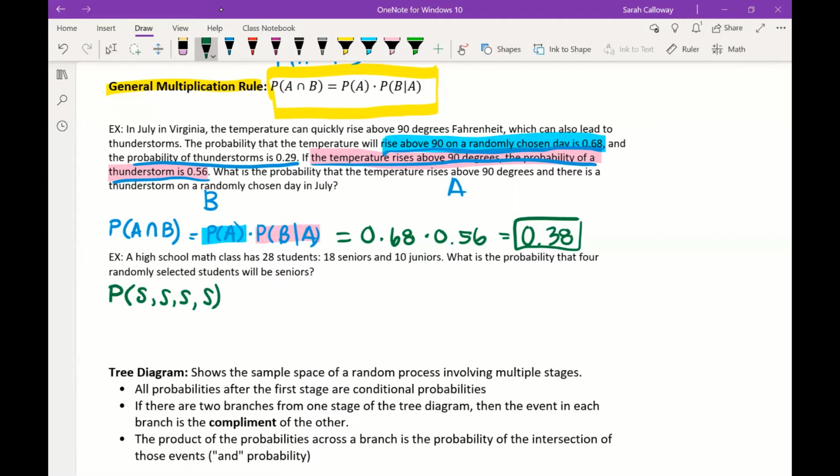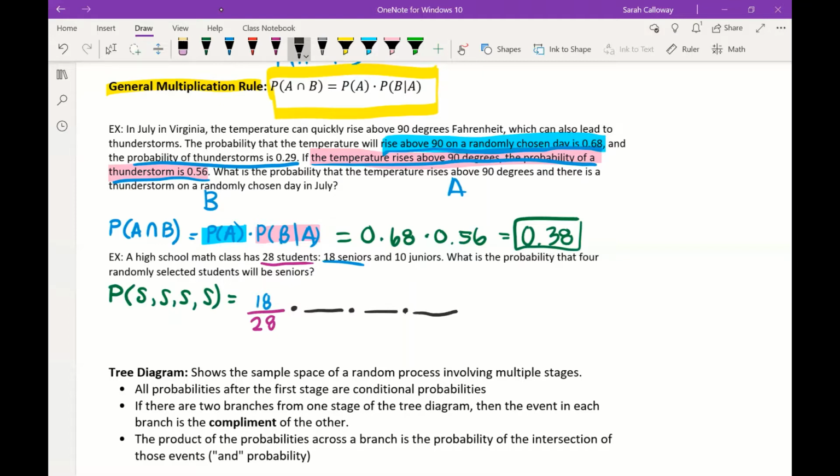Since this is given to us as a number of students instead of as a probability, we have to use ratios. If I think about the first senior chosen, there's 28 total students. So the probability that the first student chosen is a senior is 18 over 28. I need to choose 4 seniors, so I'm going to have to multiply 4 probabilities together to find that value.